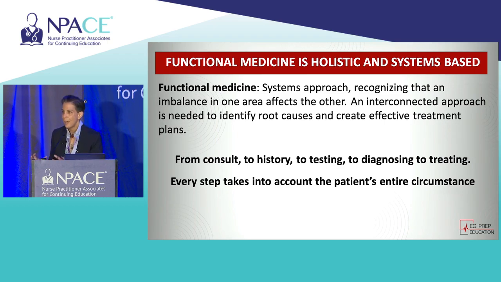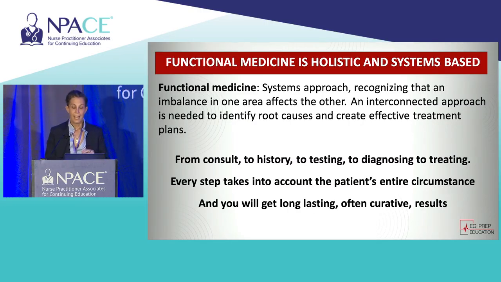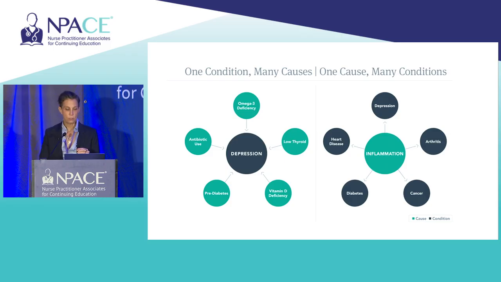When was the last time you could give your patient an hour? I know everyone in this room wants to give their patient an hour, but the system does not allow it. So from consult to history taking, which you're going to see how we take a history in a moment, to testing, to diagnosing, it takes the patient's entire circumstance into account, not something we could do in a 10-minute primary care visit. And you get long-lasting, often curative results.